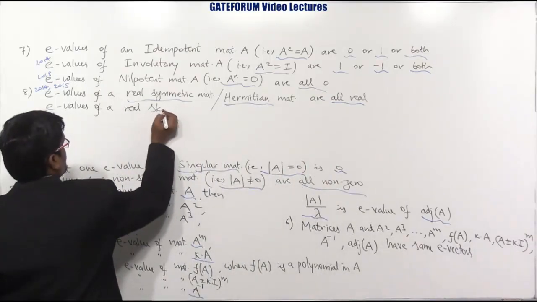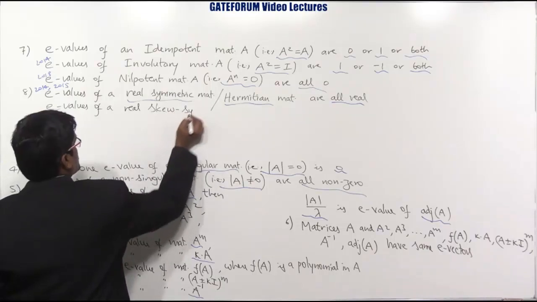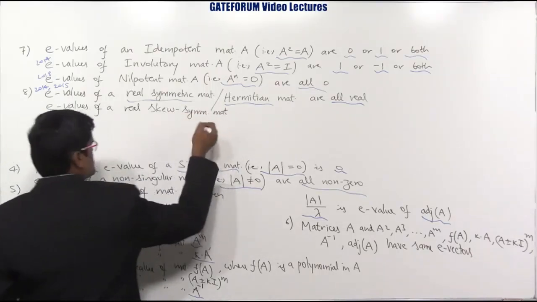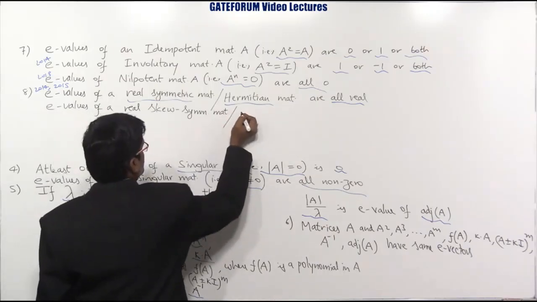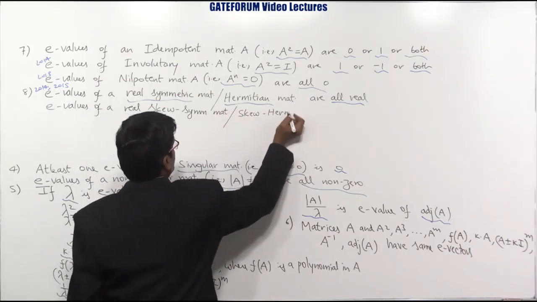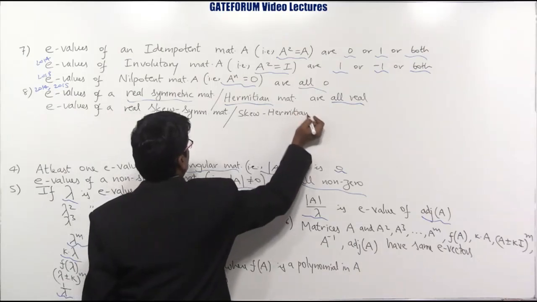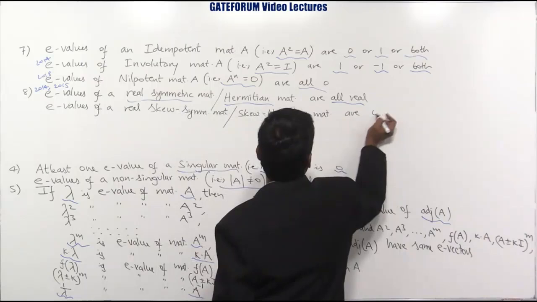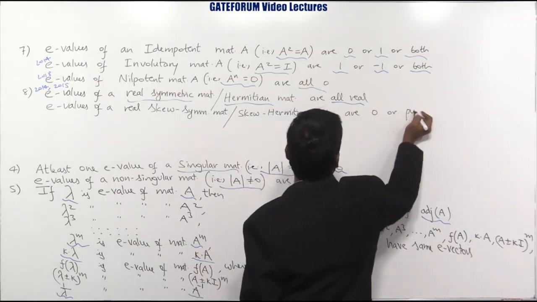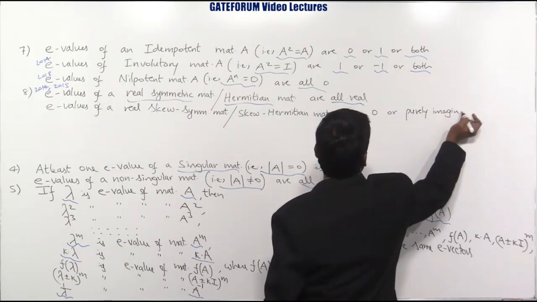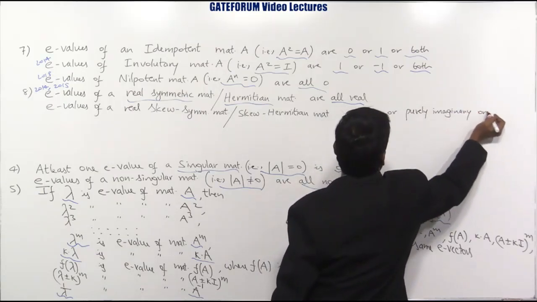Eigenvalues of a real skew-symmetric matrix or skew-Hermitian matrix are either 0 or purely imaginary or both.